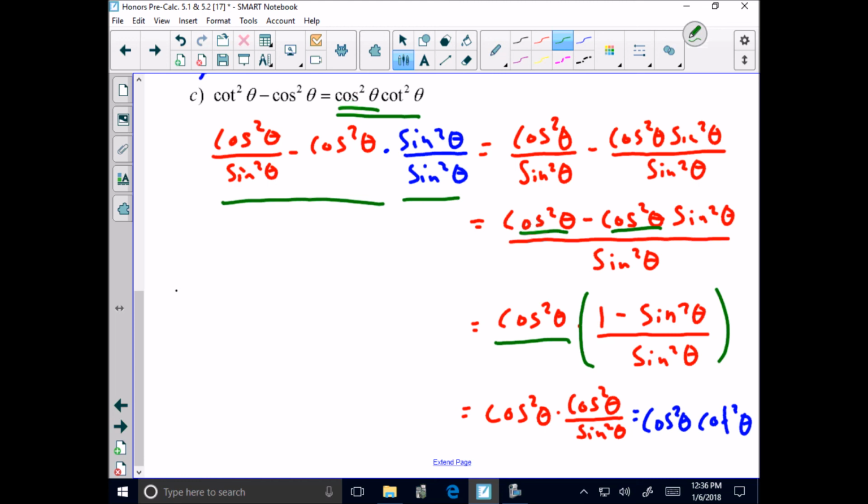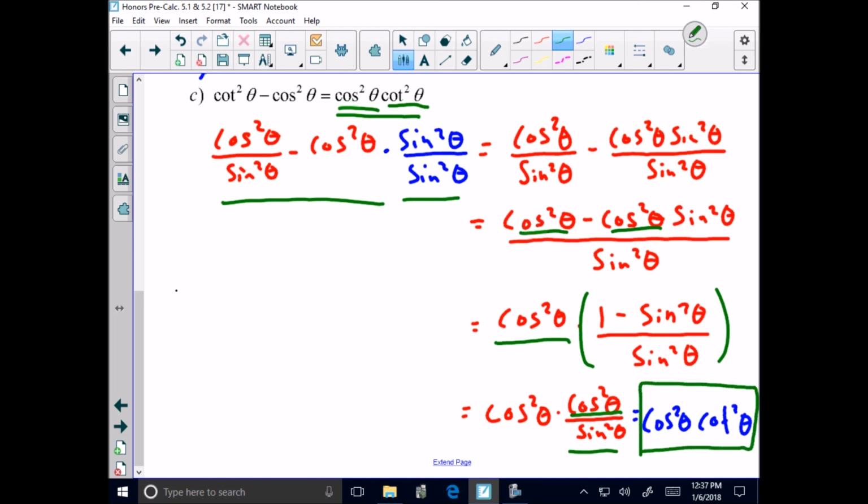Now the rest of this should equal our cotan squared, right? So right here, I've got 1 minus sine squared theta in the numerator. That I can show with the Pythagorean identity equals cosine squared theta. So I made that substitution. Now right here, we've got cosine squared theta over sine squared theta for that second multiple, and of course that equals cotan squared, so we hit our target expression.